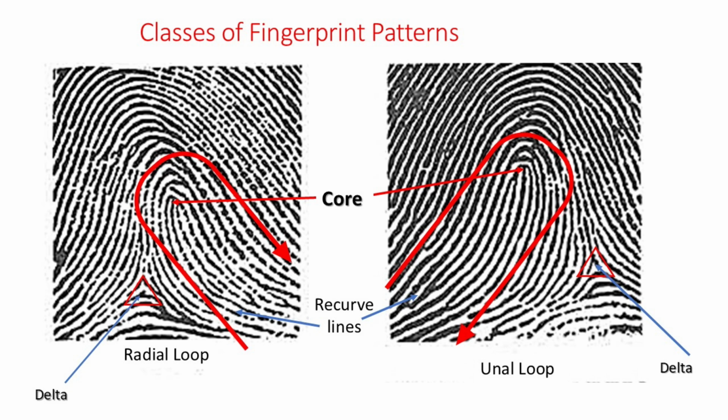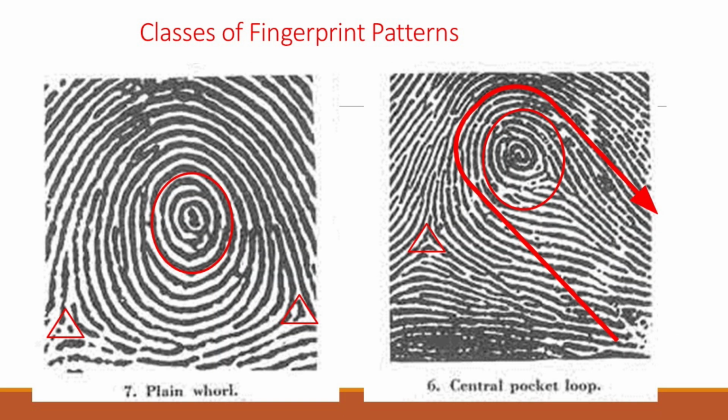Then you have another class. We call it whorl. This has the innermost lines making a round, making a circle.